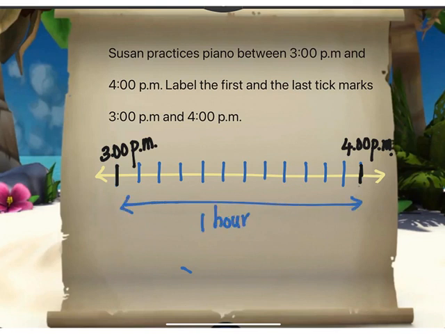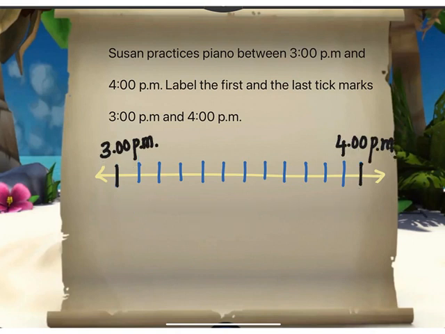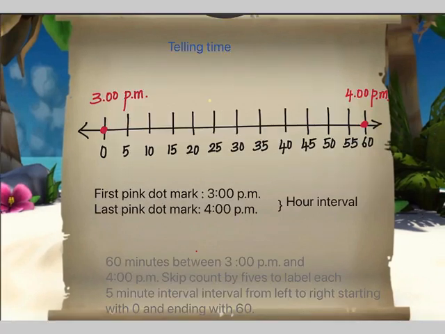The interval is 1 hour. So we have labeled the first tick mark as 3 p.m. and the last tick mark as 4 p.m. to show the hour interval Susan practiced piano. So here we can see the minute interval.